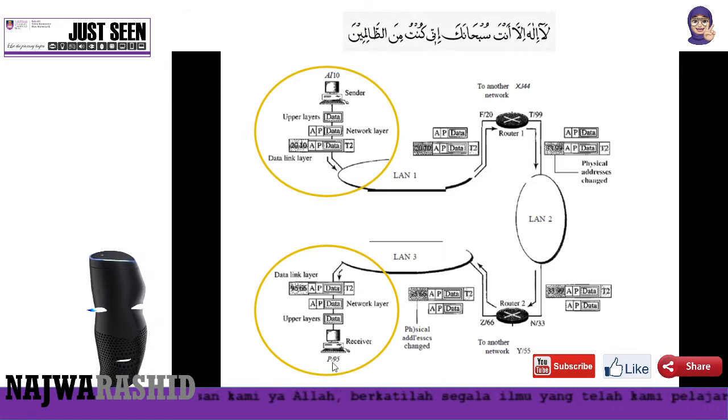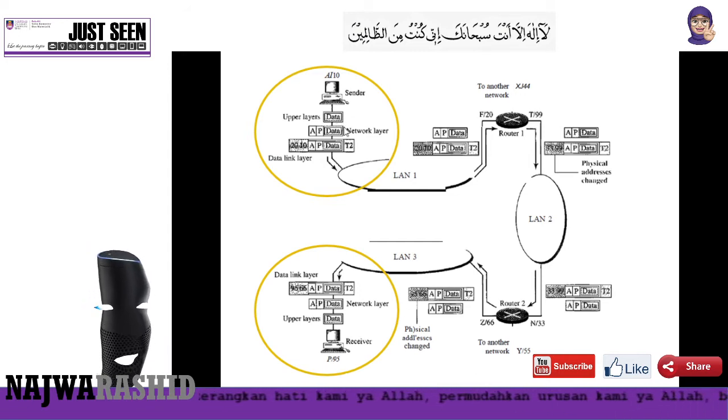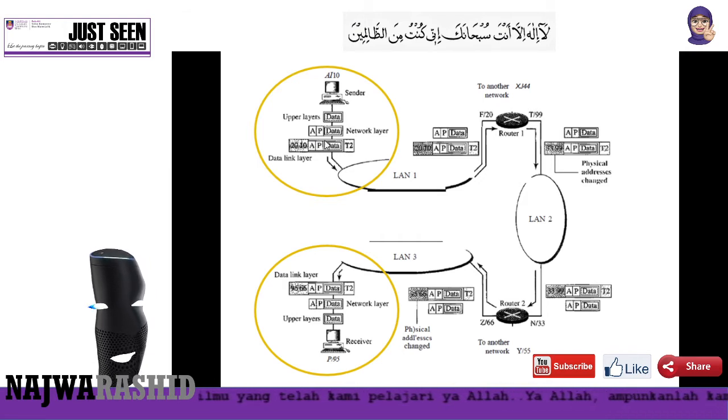So A and P here refer to the logical addresses. PC A wants to send data to PC P through the network. So we have data, and we encapsulate the data with the header. In the header we have the information about the destination and source addresses. Then we encapsulate again at the data link layer with the physical address.